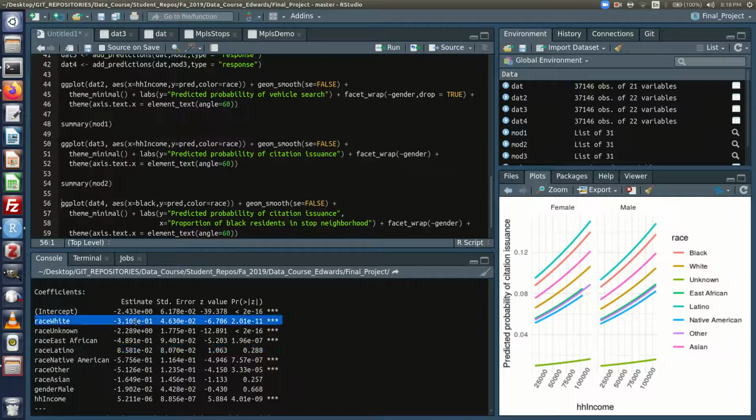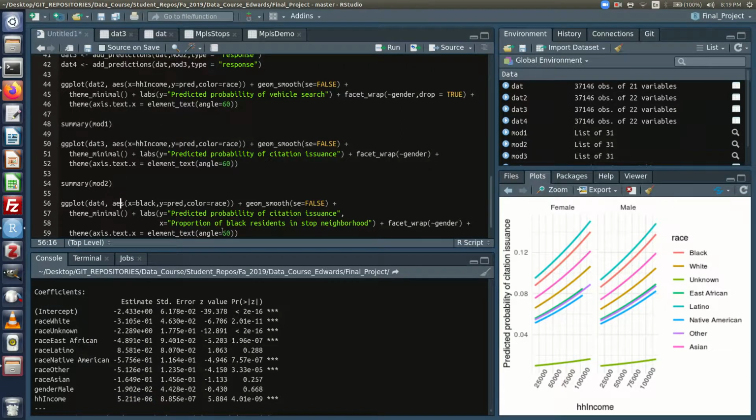But white is, unknown is, East African is, Native American is, and other is, and Asian is not. So actually those first 3 lines are not significantly different. And then household income is a significant predictor. So as we increase household income, we increase our probability of a citation being issued.